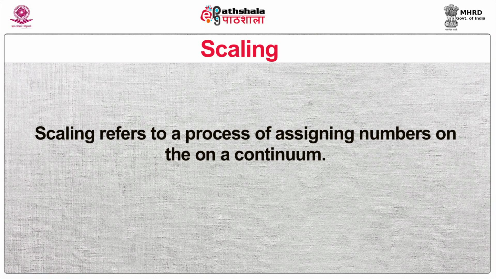Therefore, scaling refers to a procedure of assigning numbers to characteristics like opinions, attitudes, etc. Scaling refers to a process of assigning numbers on a continuum. The continuum is hence constructed so that it has a highest point and a lowest point with some intermediate values.